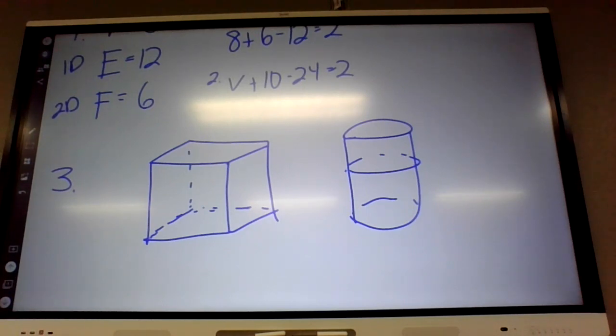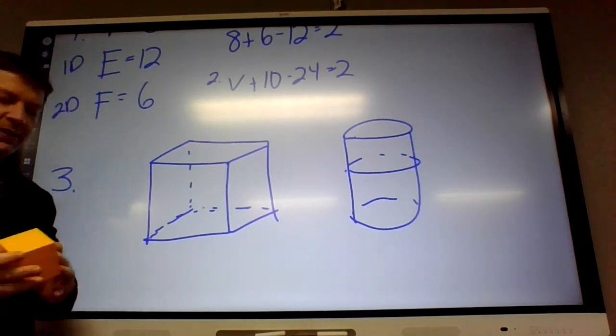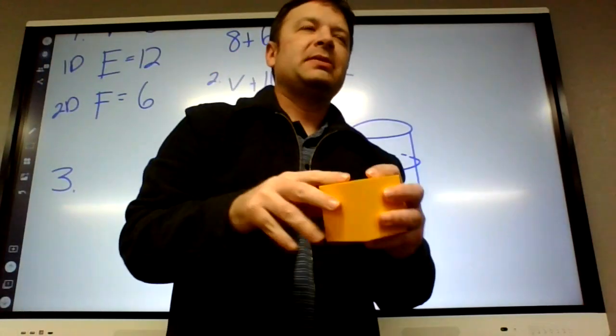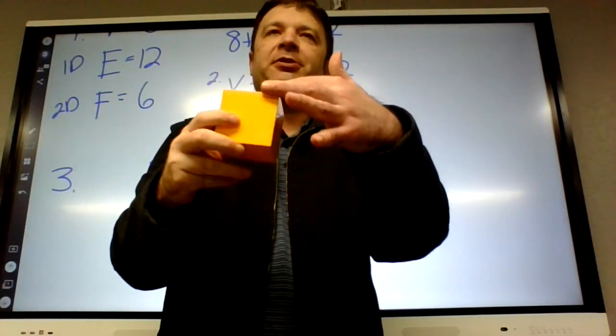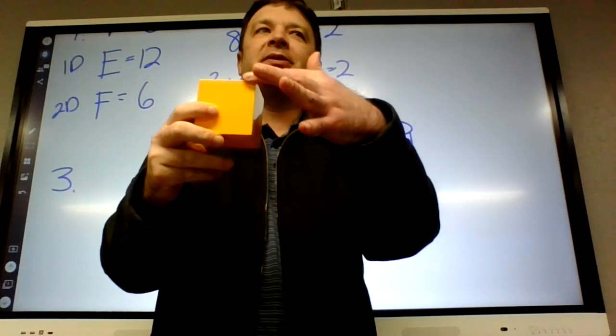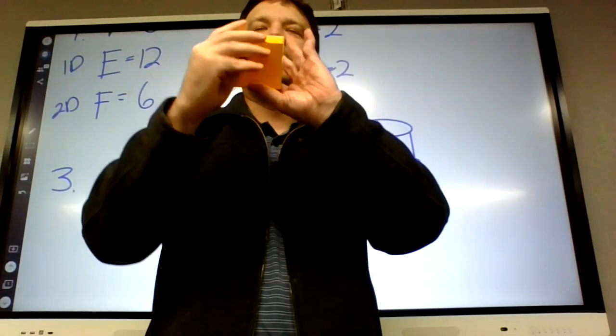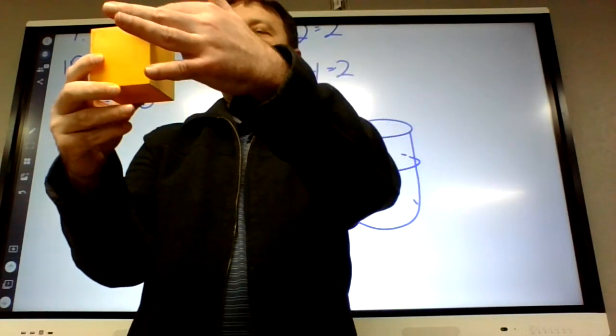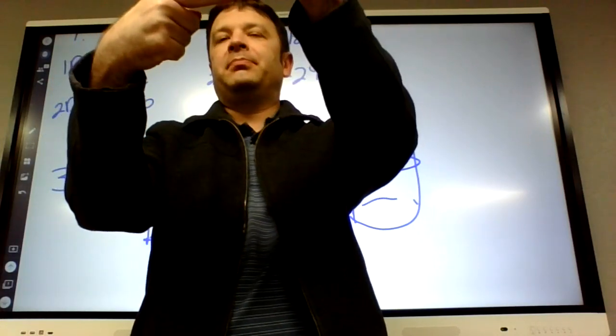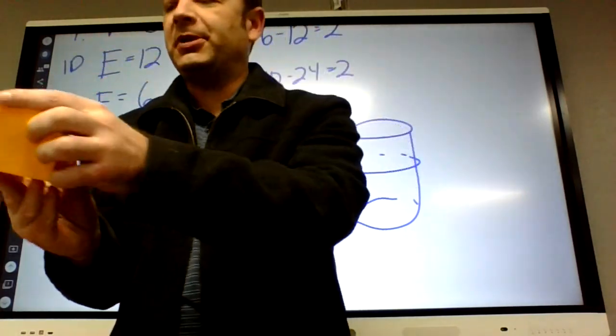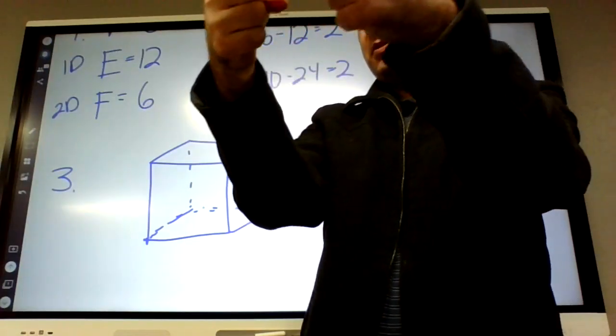All right. What do you think they mean by opposite edges? Like if this is the edge, what's its opposite edge? Yeah, the front. If it's top front, the opposite would be bottom back. So like the farthest away. So like these two would be opposite edges.